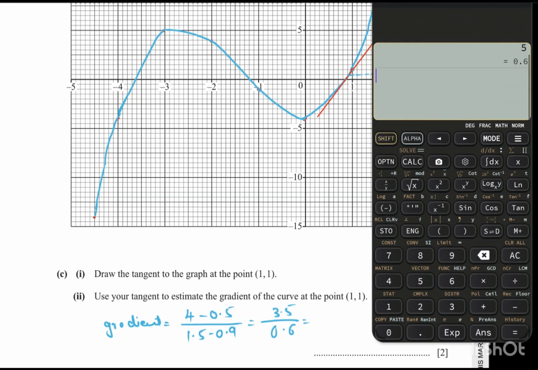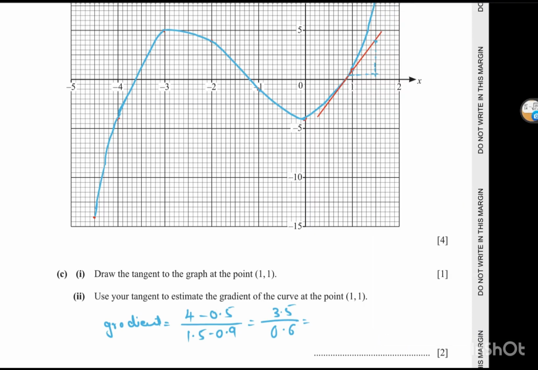So 3.5 by 0.6 will be 5.833. So you can round it to 6. So the gradient is 6.